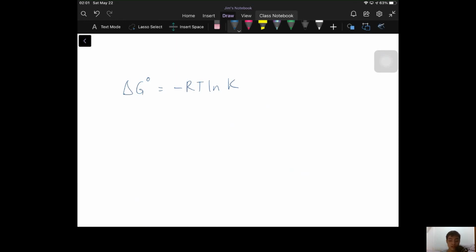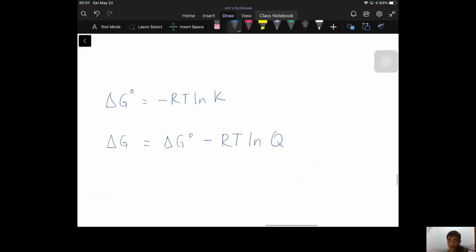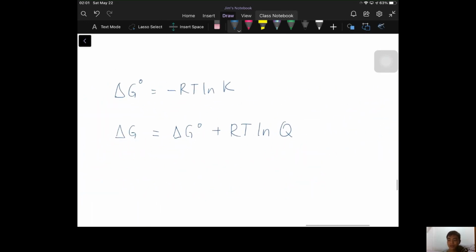And then if you have a non-standard one, ito yung equation na gagamitin. Hindi siya related kay K. Siya ay related kay Q. Okay. I think it should be positive, no? Ayan. So sorry for that. It should be positive. Okay.